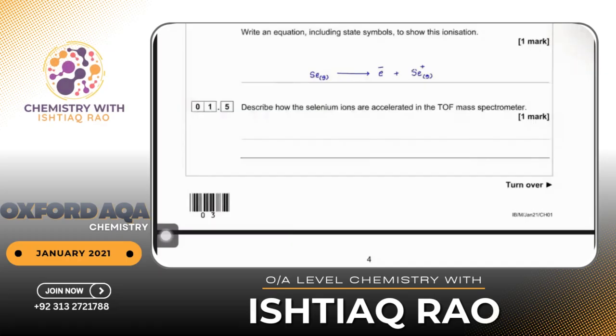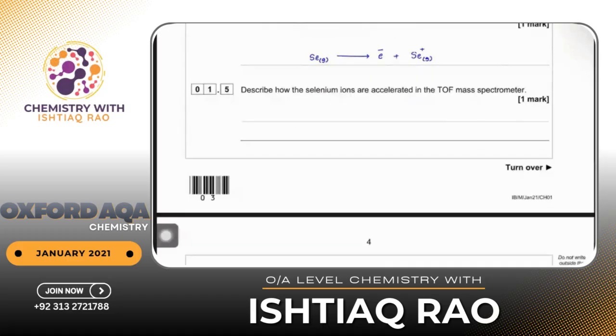So I'm supposed to write how the selenium ions are accelerated: a hollow disk having a negative charge can accelerate positive ions through attraction.